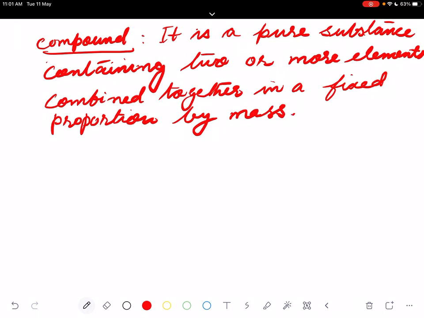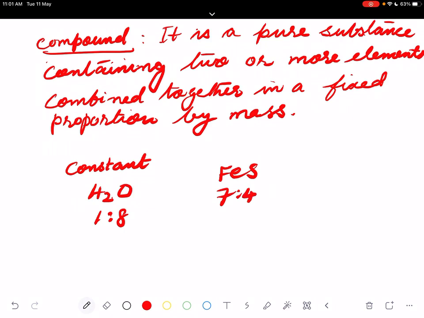Whatever may be the source of that compound, it always contains the same elements combined in the same fixed proportion by mass. Whatever may be the source, that proportion is constant. In the case of water, that is 1 is to 8 by mass. In the case of FeS, that is 7 is to 4 by mass.